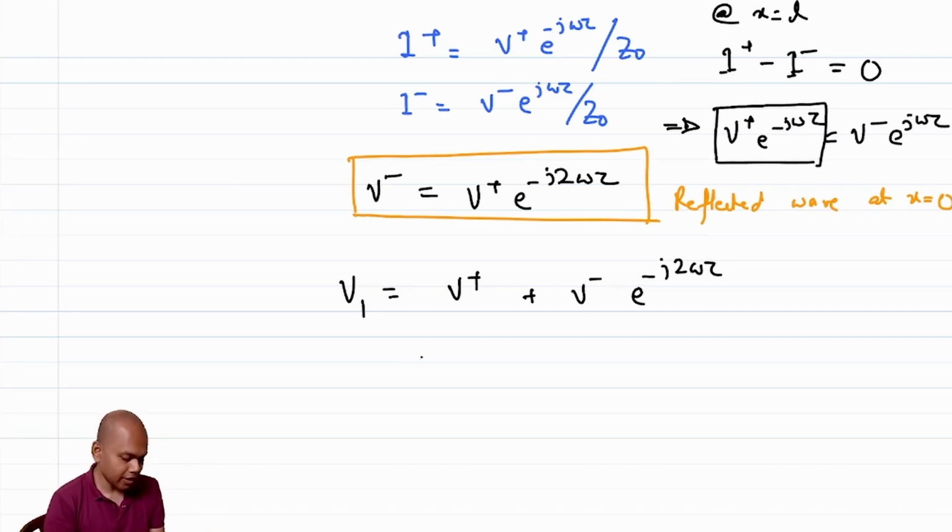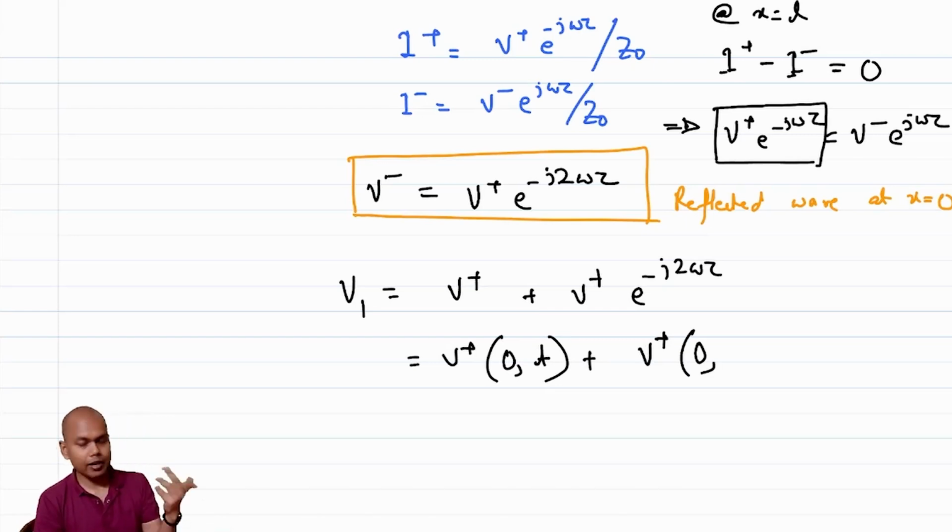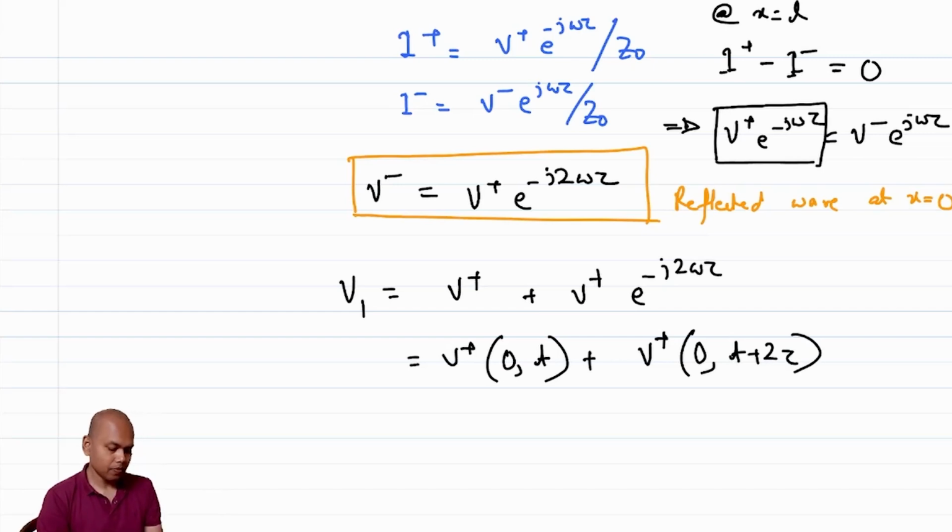Alternatively, I can simply write it as V plus at x equal to 0 at any time t, plus V plus at x equal to 0 delayed by 2 tau, right? So that is t plus 2 tau.